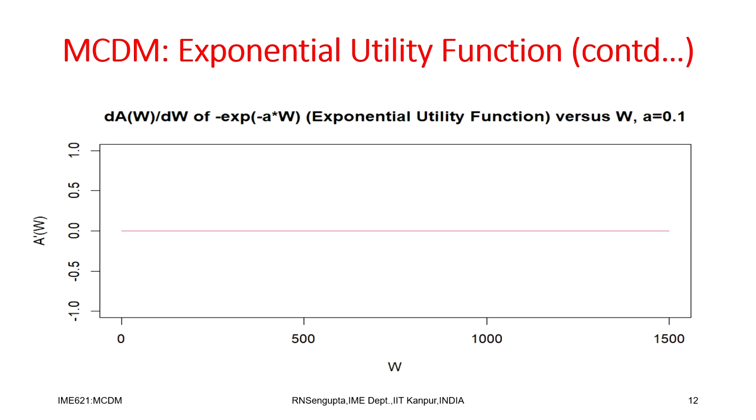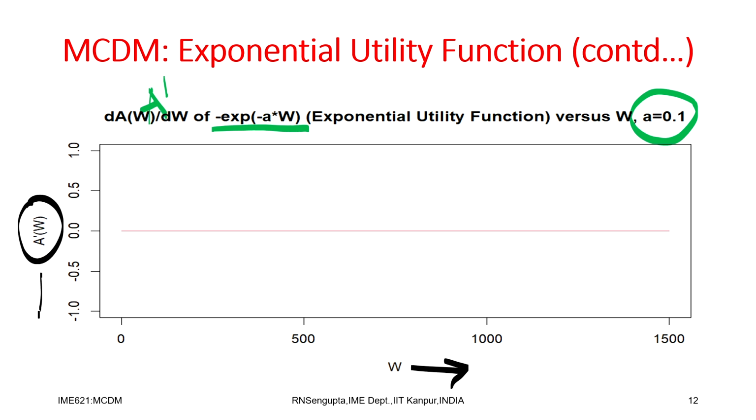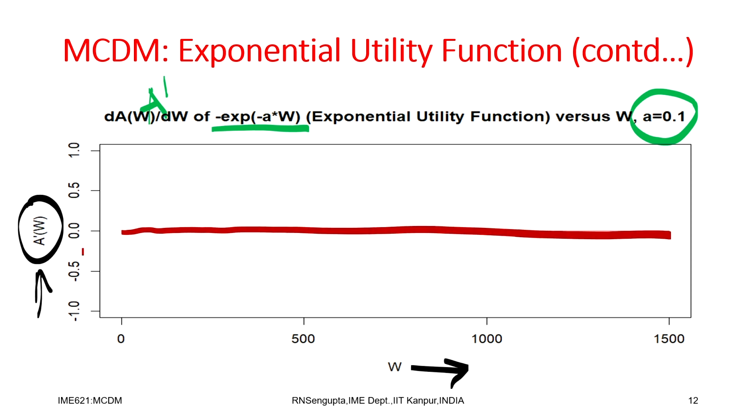So, if I plot the values accordingly, and what are the values? I am plotting a prime here for the exponential utility function, which is minus e to the power minus a w with the value of a as plus 0.1. We are plotting w along the x axis and a prime along the y axis, and the graph looks like this, a straight line, if you remember, and the straight line is with value of 0.